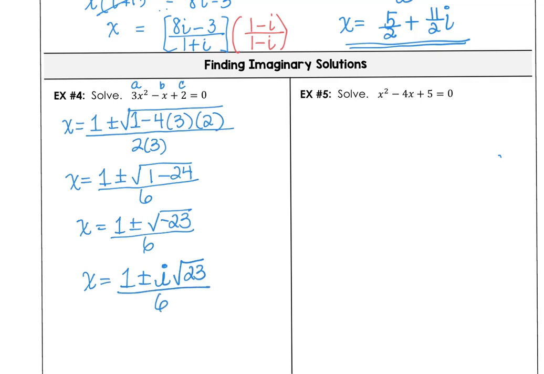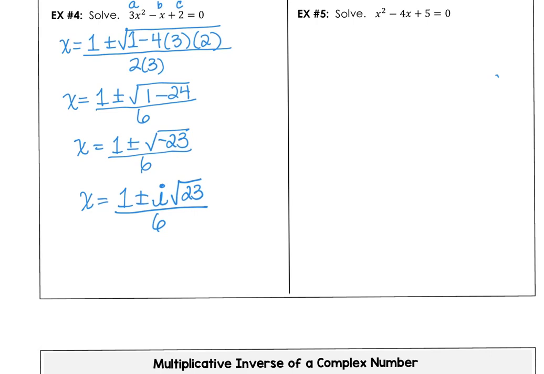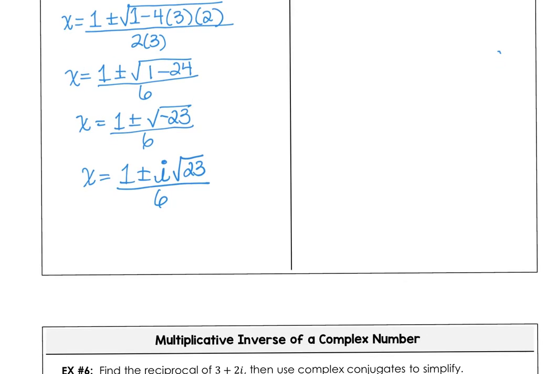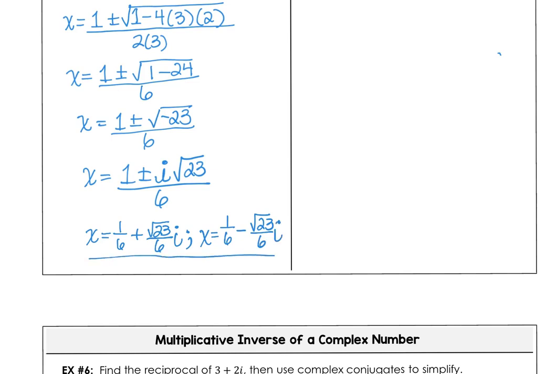Now in the last lesson we left our answer this way, but you can separate that to look like the appropriate format for complex numbers, with the real part being x equals 1/6 plus the square root of 23 over 6 i, and then the second solution is x equals 1/6 minus the square root of 23 over 6 i. So this is in proper form for a complex number, standard form.